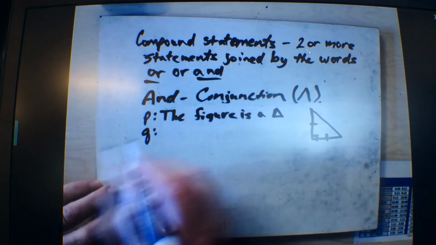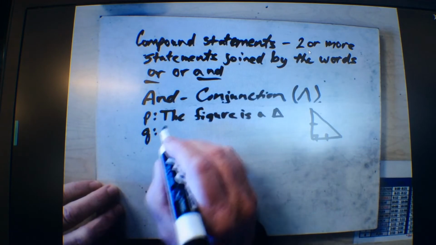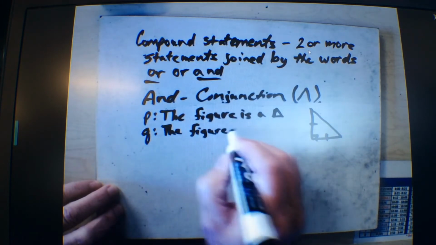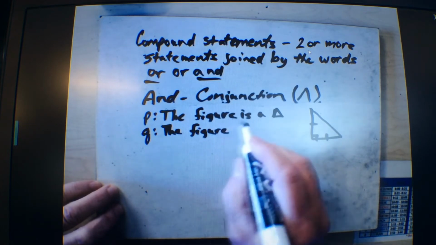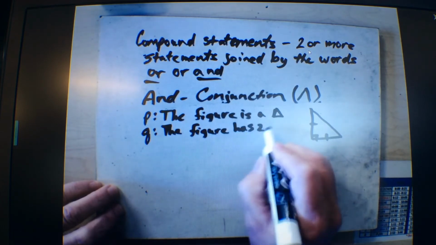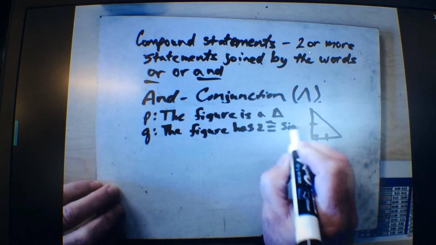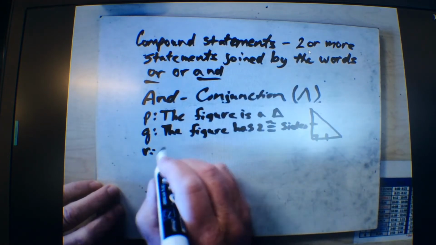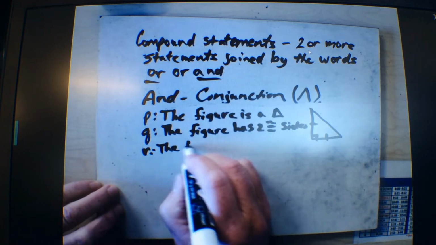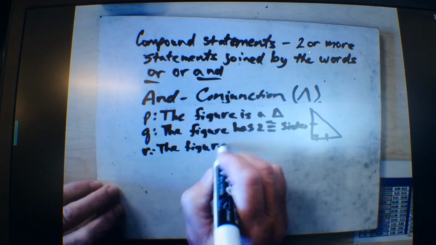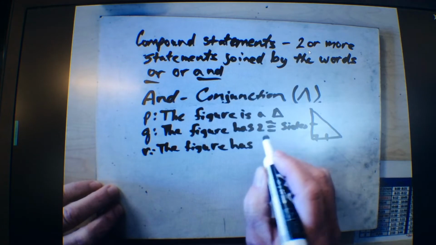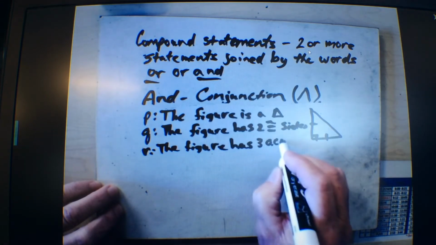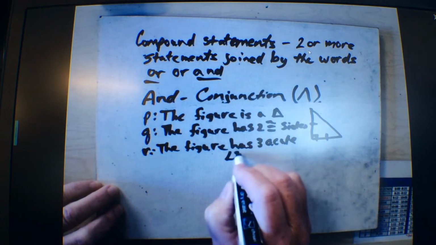Then Q would be: the figure has two congruent sides. And then we're going to add R: the figure has three acute angles.